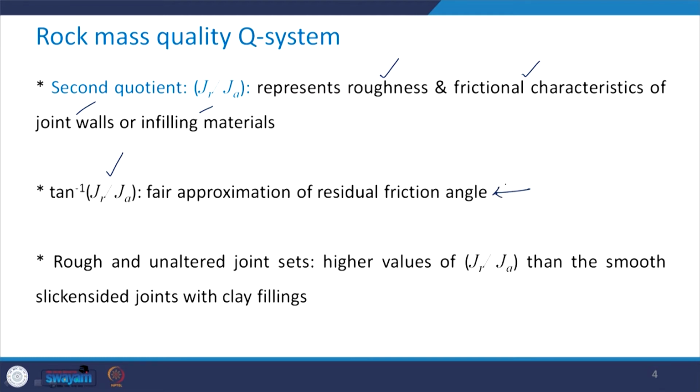If you have rough and unaltered joint sets, these will have higher values of this quotient Jr upon Ja as compared to smooth slickensided joints with clay filling. So, the better the roughness characteristic of the joint, the higher will be the value of this second quotient Jr upon Ja.